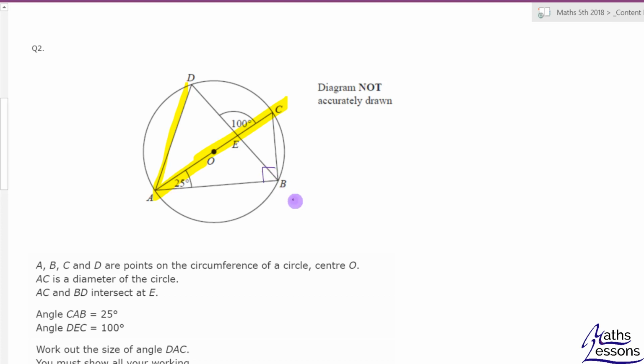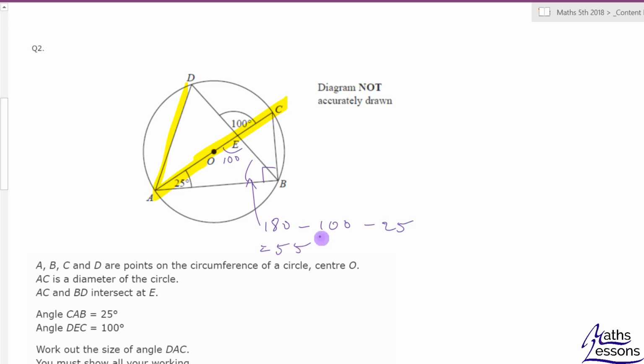Let's have a look. We know that this angle here is 100 because opposite angles are equal when two lines intersect. So if that's 100, we also know this angle here must be 80, that's 180 minus 100, minus 25. So that gives me 80 minus 25, so that's 55.